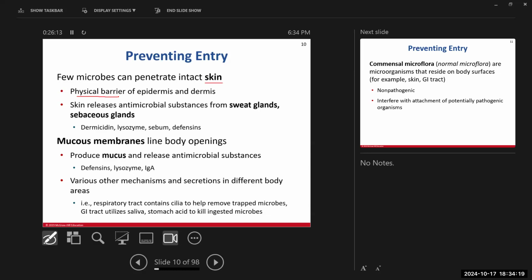So that physical barrier, when those cells are tightly packed, goes into the whole keratinization process. Because those keratinocytes, when they migrate out of the stratum basale into the stratum spinosum, one of the first things they do is start to form physical bonds, desmosomes. They start to create these intracellular adhesions.